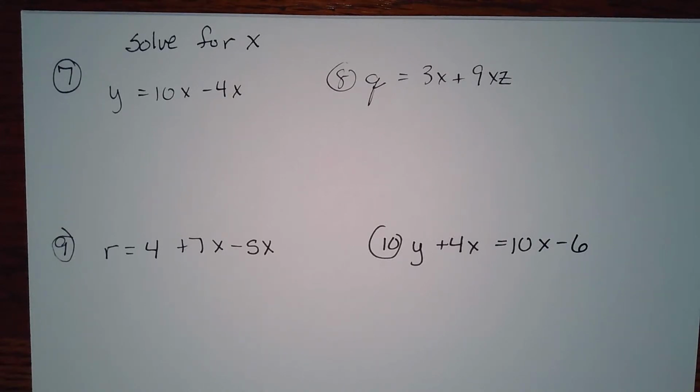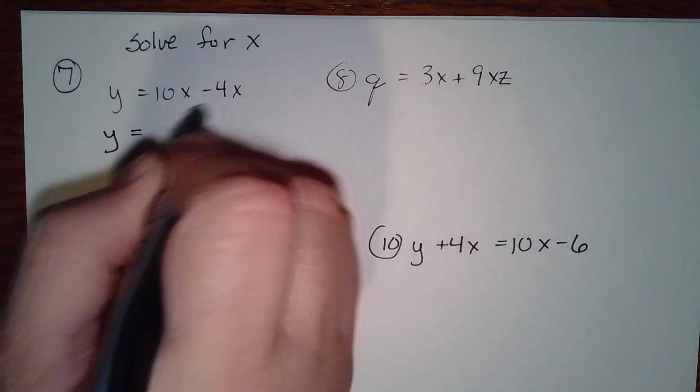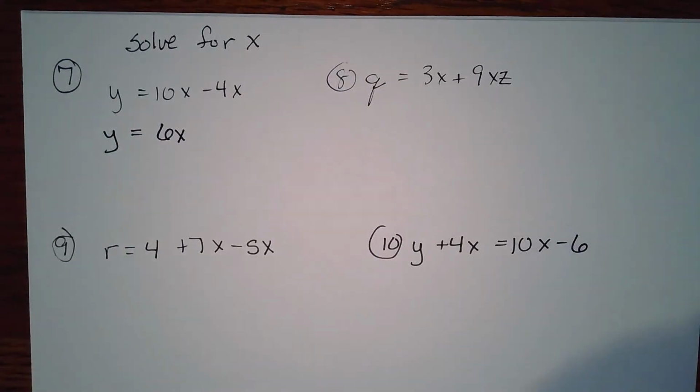Now, each one of those problems have something unique going on. So let's start with 7 and work our way down. Number 7 is pretty straightforward. You have to combine those two there, which is going to give me 6x. Now, what you're probably thinking is, how, Ms. Kaufman, am I going to get x isolated when there's nothing on the y to divide it?